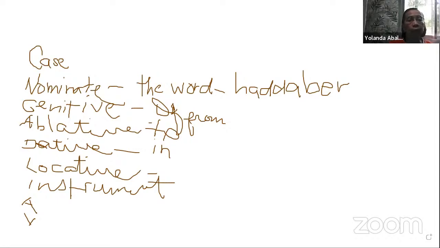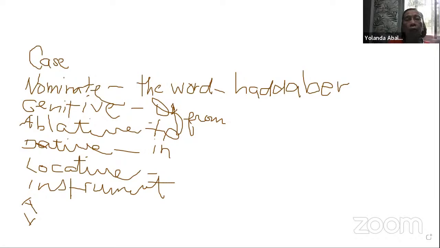All right. So halimbawa, ang ating example sa case na ito, ang nominative is naming the subject. So we have Adabar. So ano gagawin ko? Share screen. Ito.